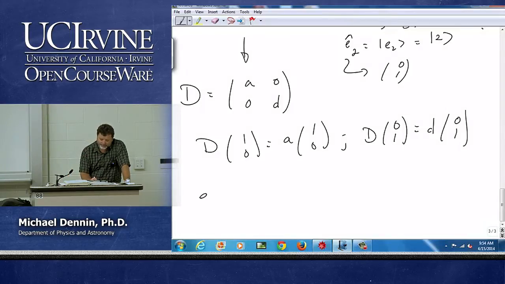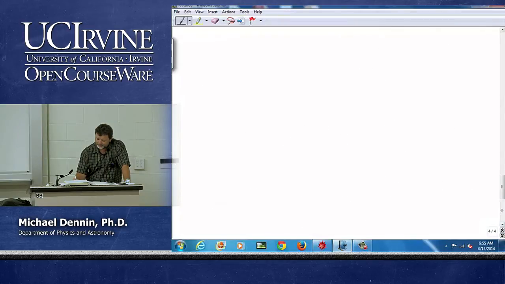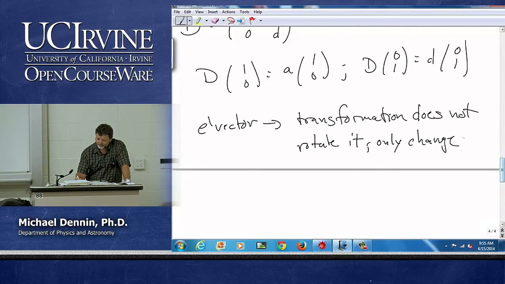And the eigenvector is exciting because the transformation does not rotate it. It only changes the length, and possibly multiplies by a minus sign.